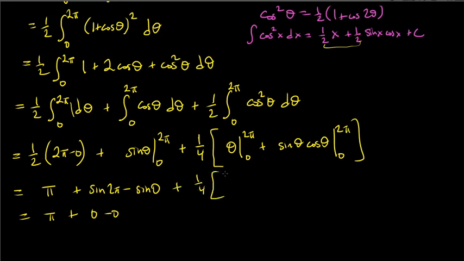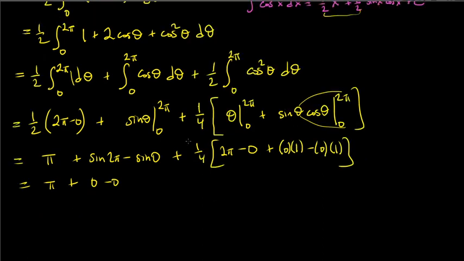Okay, so this is 2 pi minus 0 plus, well, again, sine of 2 pi and sine of 0 is 0, right? And cosine of 2 pi and cosine of 0 is 1. So it's really 0 times 1 minus 0 times 1, which is just 0. But notice we still have 1/4 of 2 pi, which is just pi over 2.